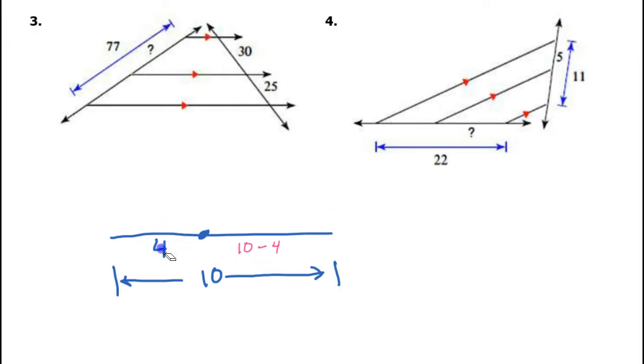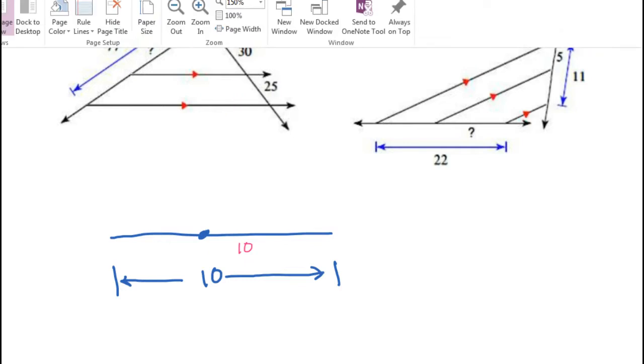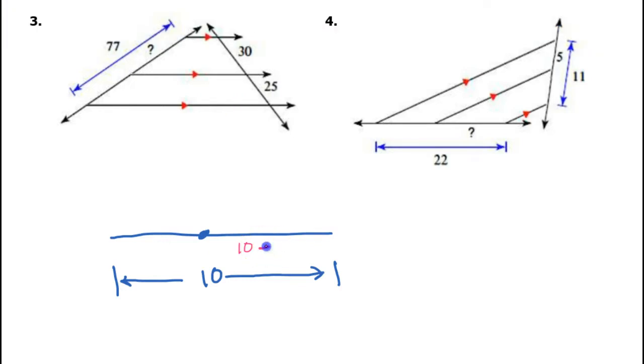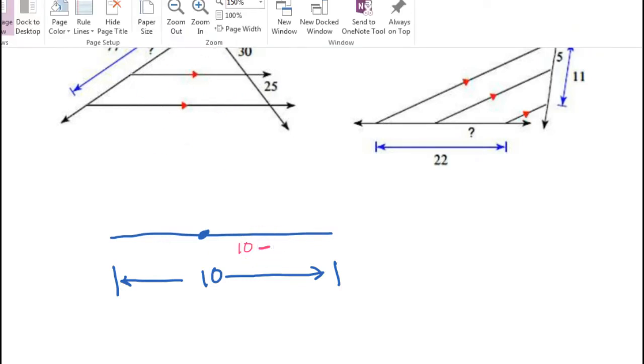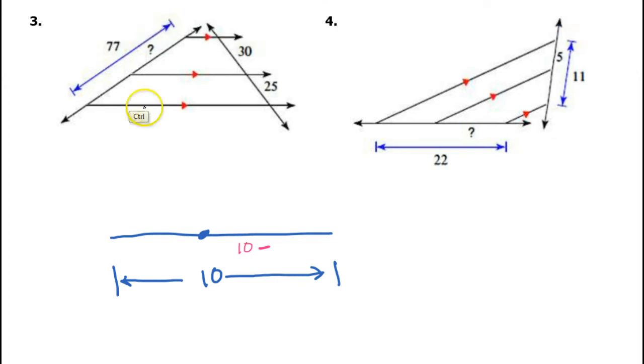Because what if I didn't know that this was 4? I should still put the minus sign back. If I told you that this portion was x, unknown, you could still tell me that the other portion is going to be 10 minus x. That makes sense, right?